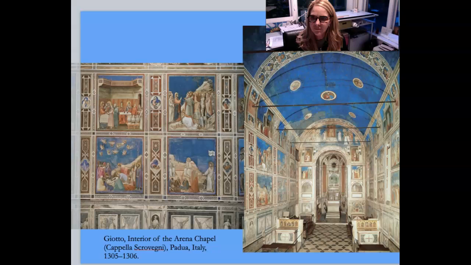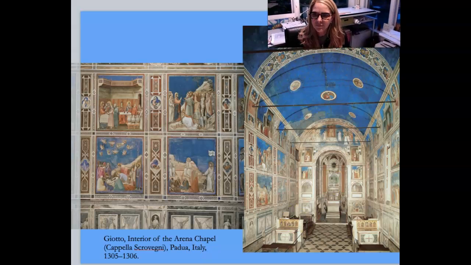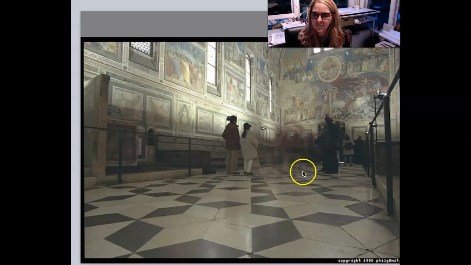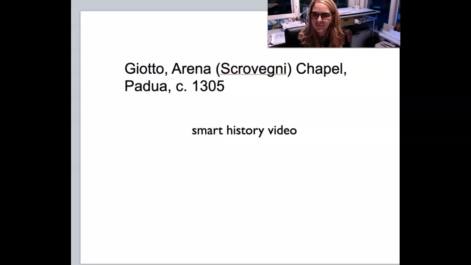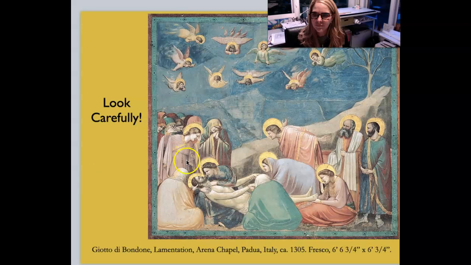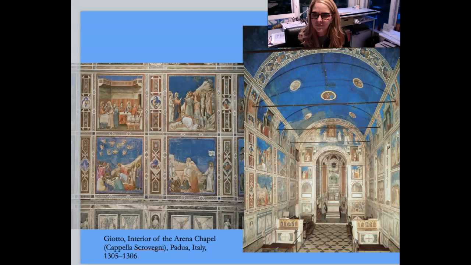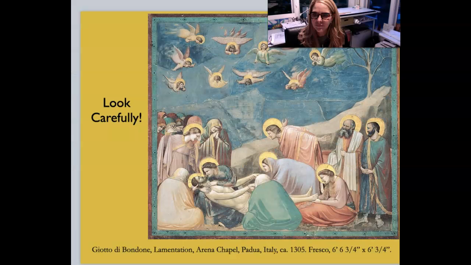One of the things that's so incredible about this is, in fact, this one, and here's a beautiful image of how it looks today. But one of the really beautiful things about it is this fresco that I want to talk about, one of the panels, and you can see it. Here it is. You can see it on the wall, right? And if you see this and then you look at the dimensions, you see that it is itself almost about 6'6" by 6'3". So they really are quite large.